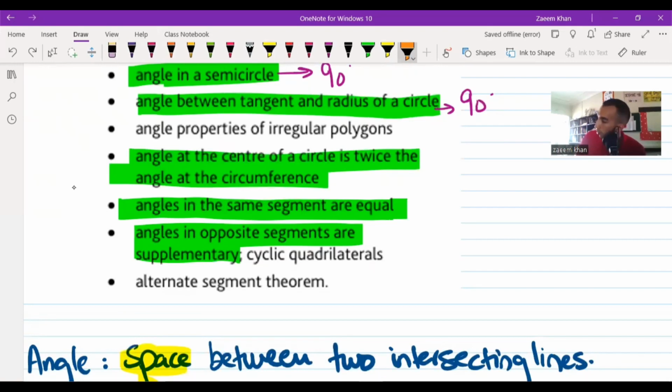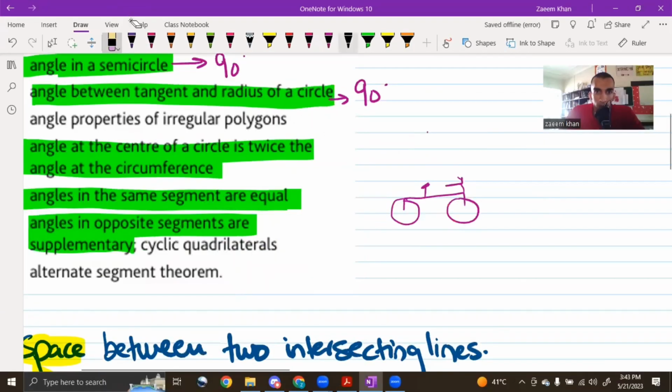What is a cyclic quadrilateral? Quadrilateral is a shape which has 4 sides. What does it have to do with cyclic? We've got less than a minute, so I'll tell you how this term formed.